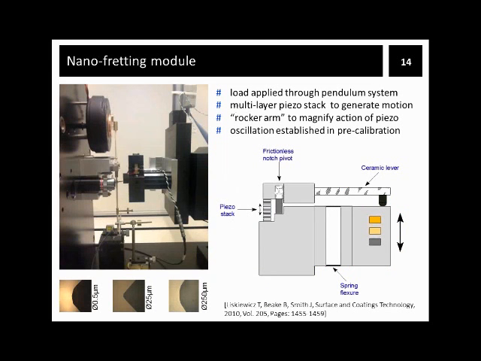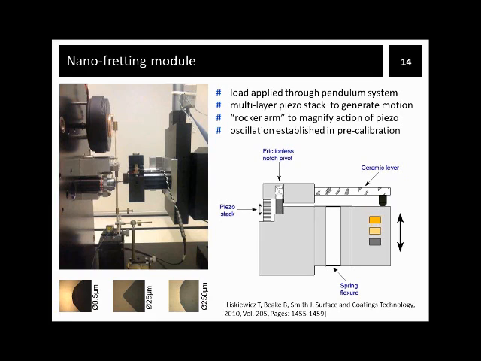So this module, the fretting module, can be seen on the picture here with sample attached and positioned in front of the indenter. On the right-hand side here we see a schematic diagram of the fretting module.